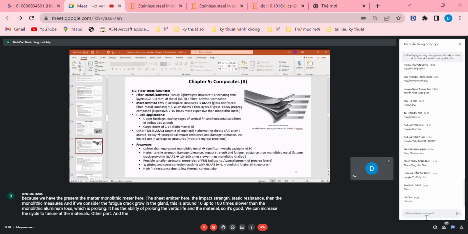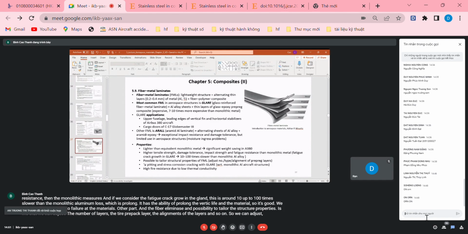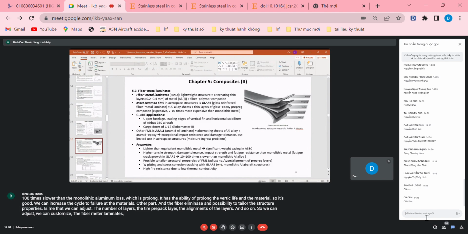And fiber metal laminates have the possibility to tailor the structural properties. It means that we can adjust the number of layers, the type of prepreg layer, the alignment of the layers, and so on. So we can customize the fiber metal laminates according to the specific application.